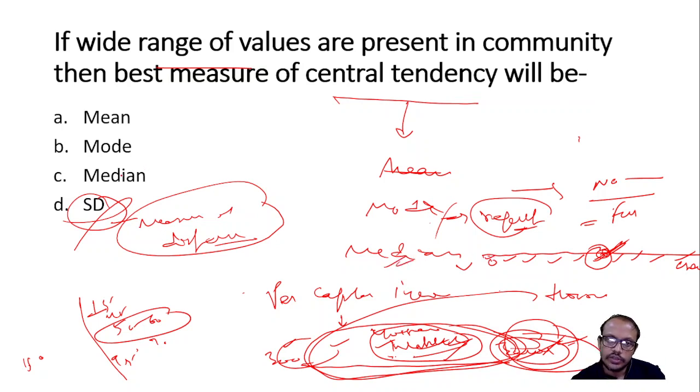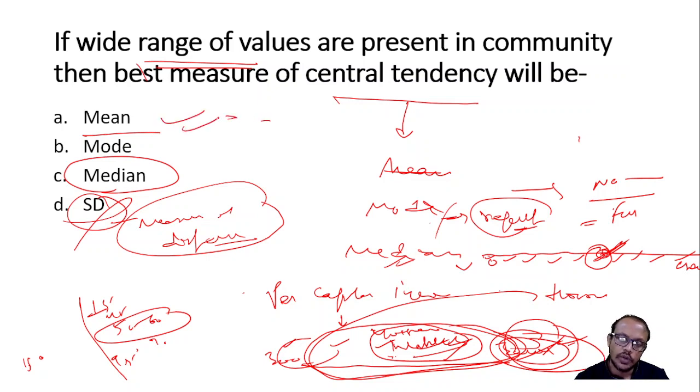Okay. So, the answer should be median if there is a wide range of values, and if similar, close values are there, then mean is the best option. Repeated values, mode. But if there is a wide range of values, for example per capita income, class marks, median is the best option. Okay.